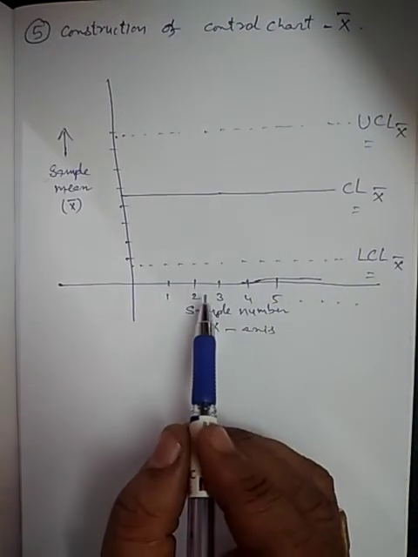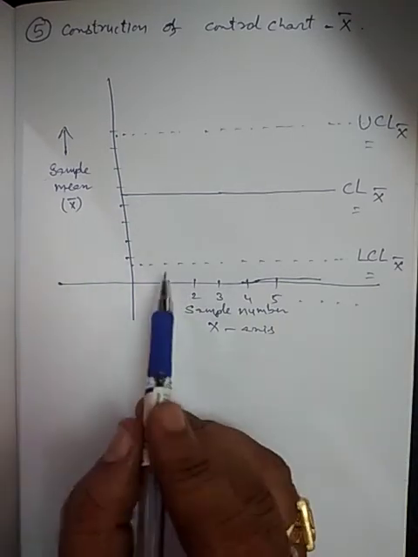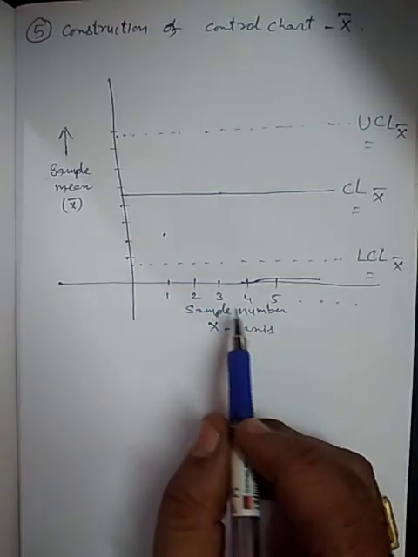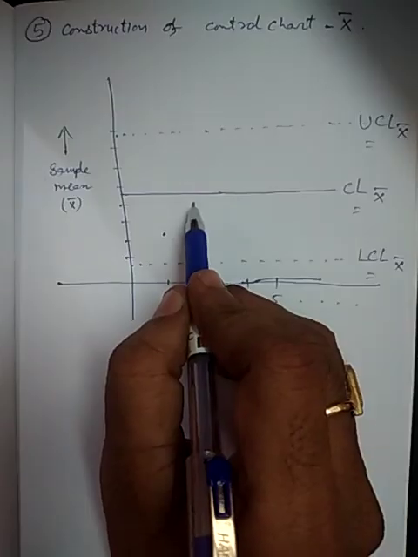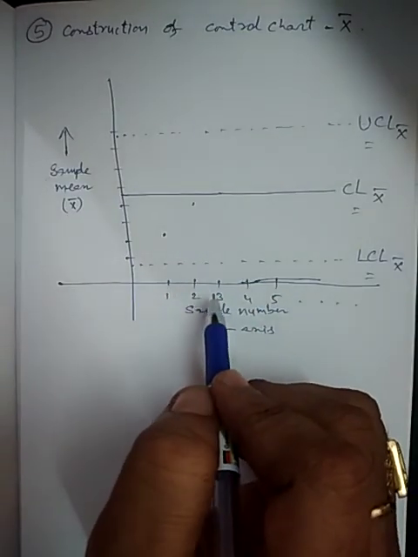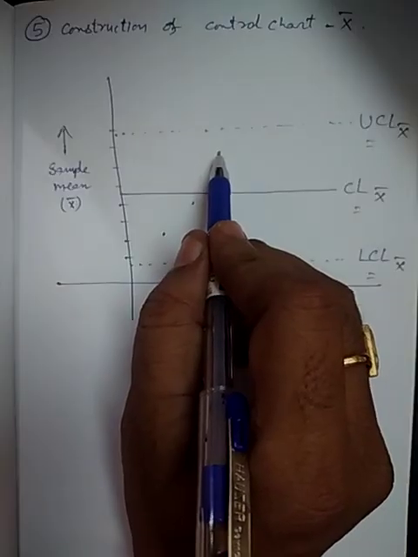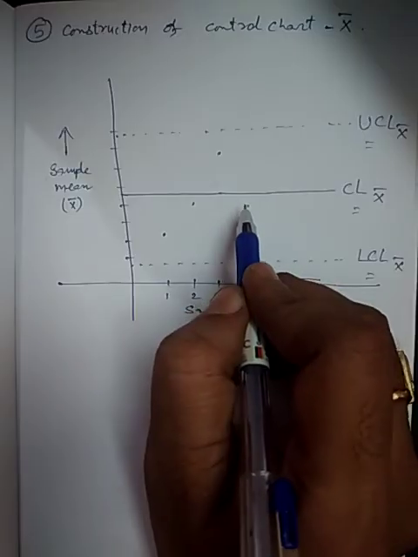For example, the calculated sample mean of the first sample falls here. I make a point, and for the second sample, I draw another point. For the third sample, the sample mean is this, I draw a value here. For the fourth sample, the sample mean is this.